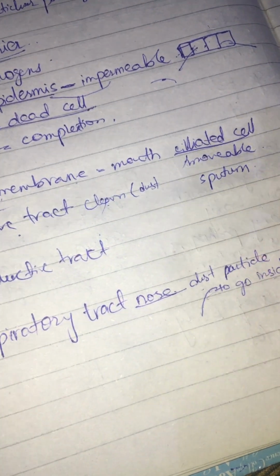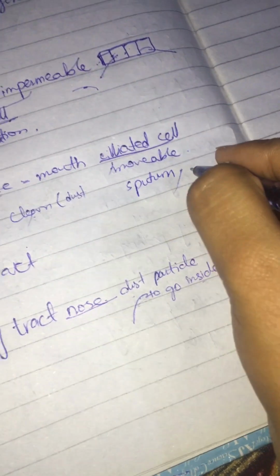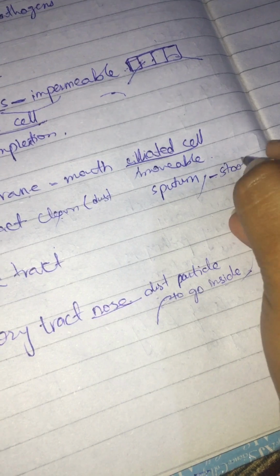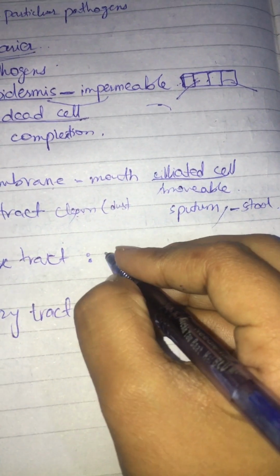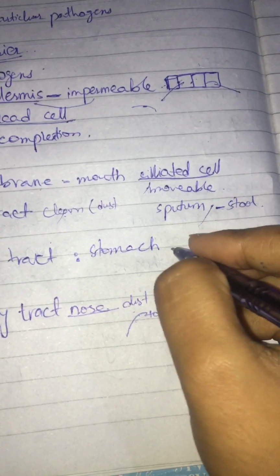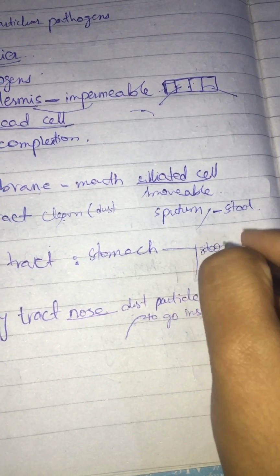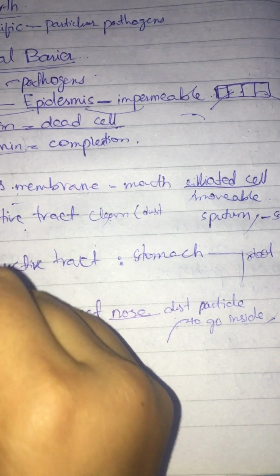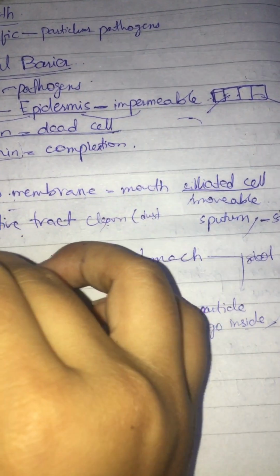Some people swallow it again, so it passes out of the body through stool, moving from the stomach. So these three are the organs or regions handled by the mucous membrane.